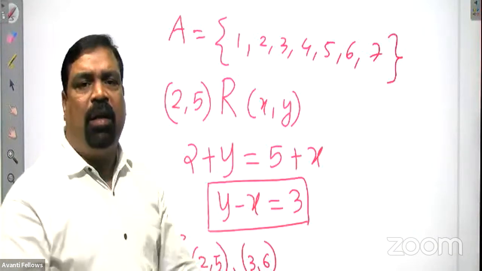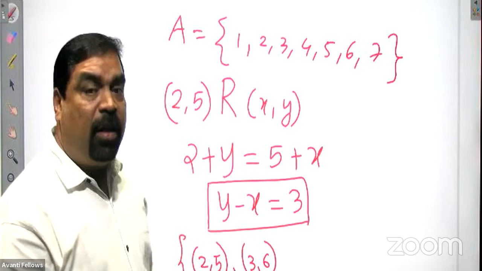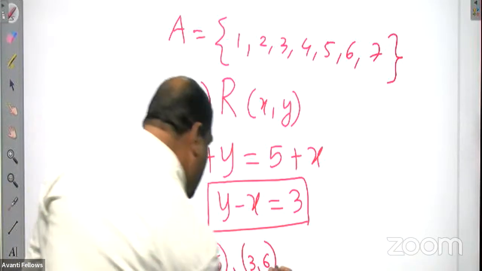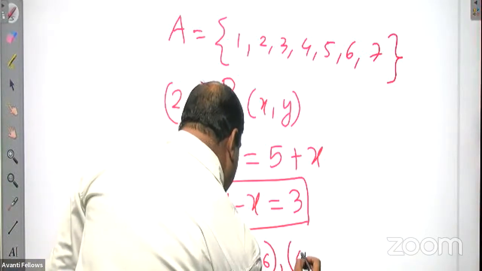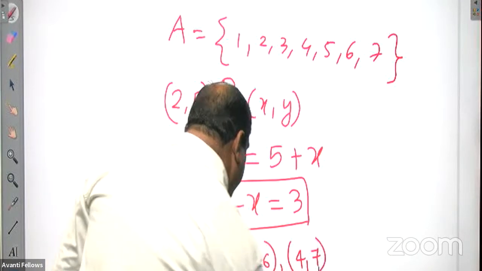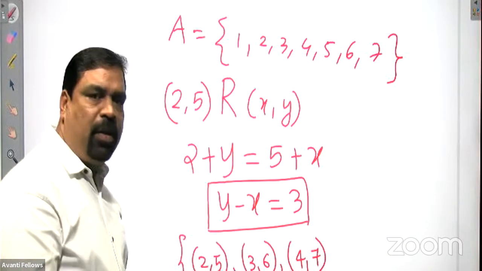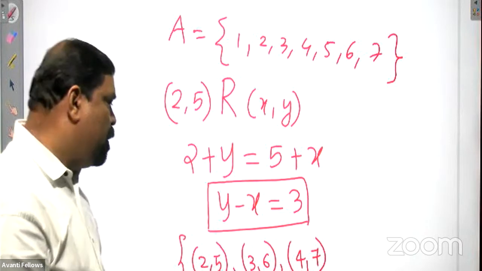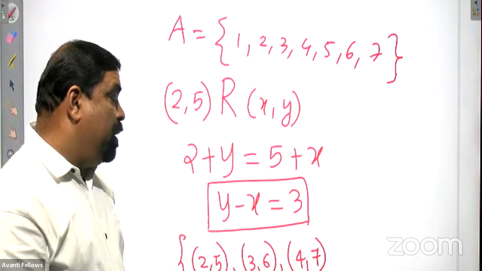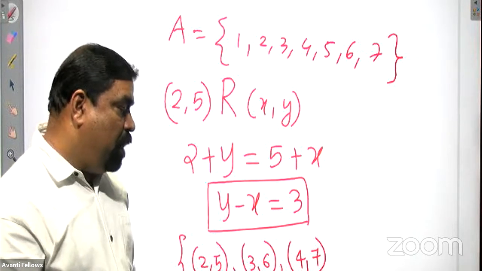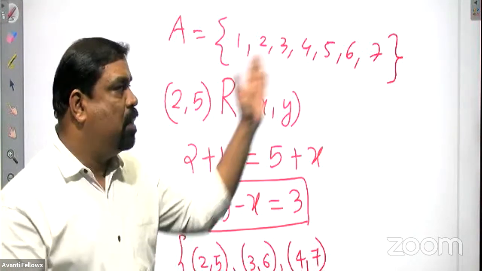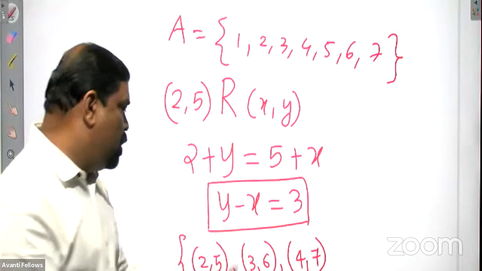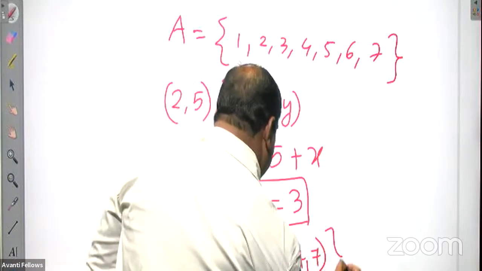The next element will be 4, 7, because 7 minus 4 is 3. Any other element, if I take 5, 8, but 8 is not there in the set, so we cannot take. So these are the only elements.